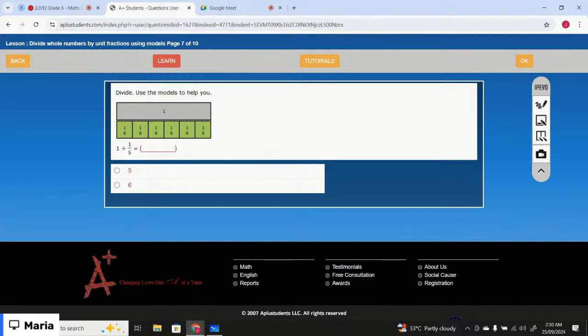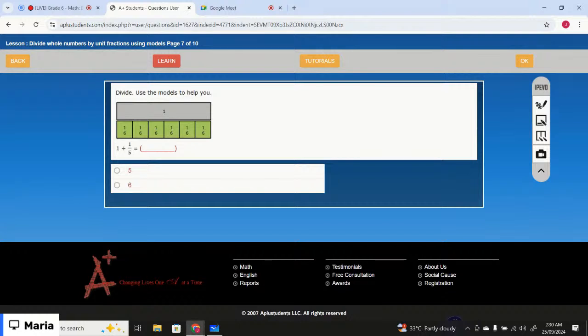The next one is divide. Use the model to help you. That is 1 divided by 1 by 6 actually, right?